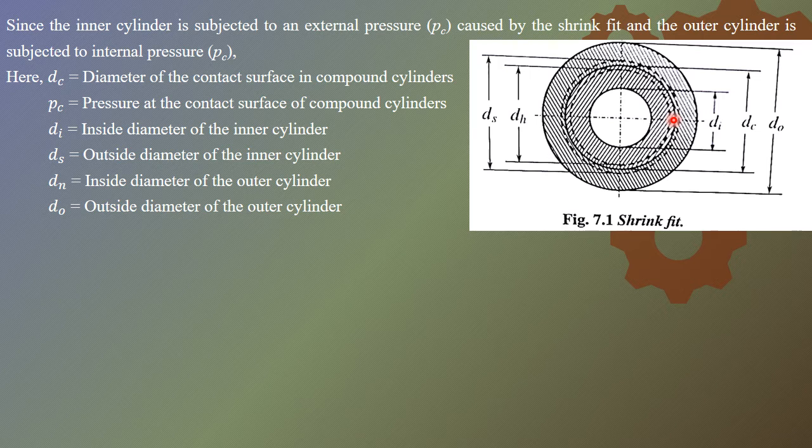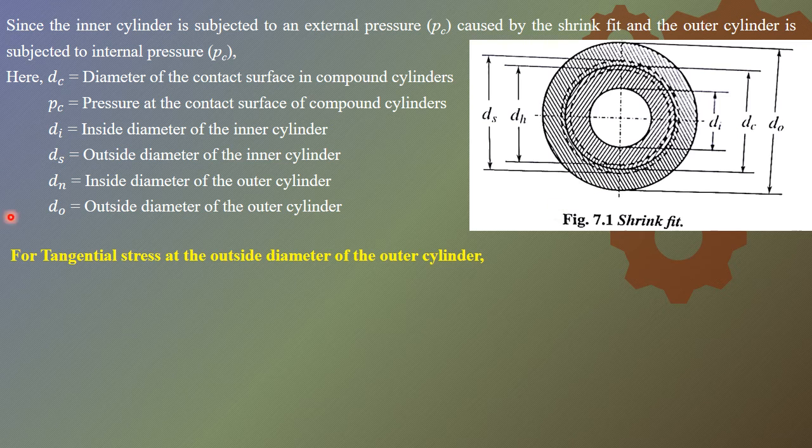The pressure generated at this interface or junction will be the external pressure with respect to the inner cylinder, and the same pressure will also act as an internal pressure with respect to the outer cylinder. So considering those two conditions, we will simplify the further equations.